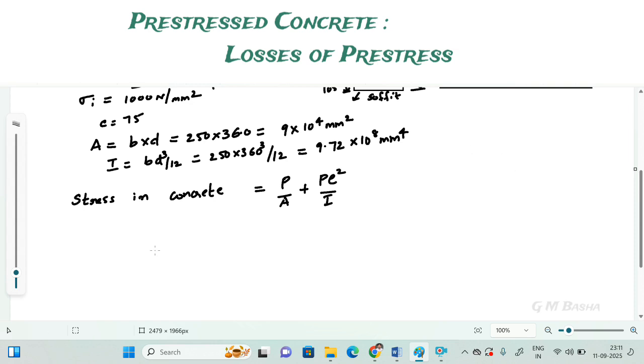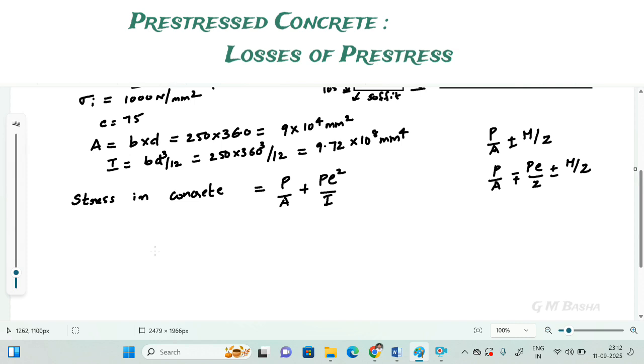Whenever a tendon is placed along the centroidal axis, the formula will be P by A plus or minus M by Z. One more formula, whenever a tendon is placed at some eccentricity, we will get another formula, that is P by A plus or minus PE by Z plus or minus M by Z. So here the same formula it will be.